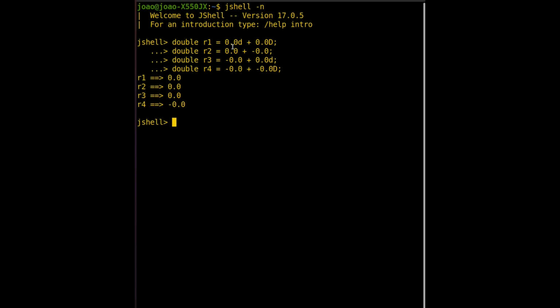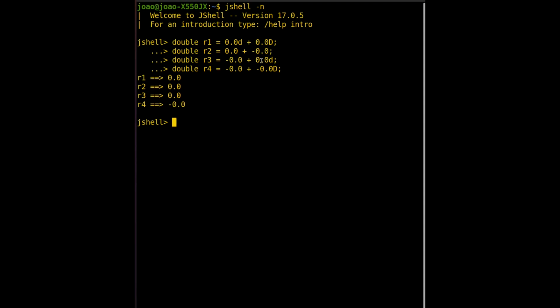So I'm adding a 0.0 to a 0.0. There I'm adding and assigning to R2 a positive zero to a negative double zero, and R3 a negative to a positive.